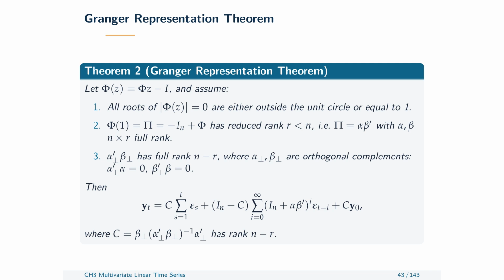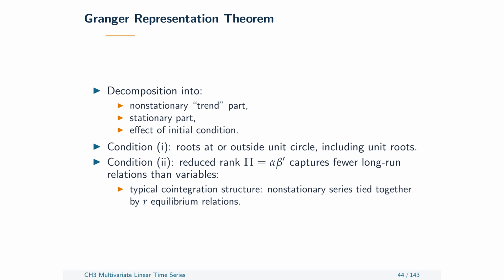The Granger representation theorem connects 3 views of the same system. A cointegrated process has a vector error correction representation, stationary cointegrating combinations, and a decomposition into common stochastic trends, plus transitory stationary components. With n variables and rank r, the system typically has n minus r common trends.